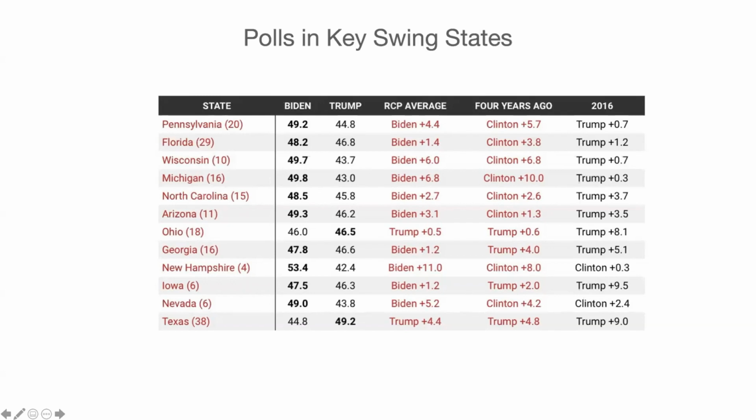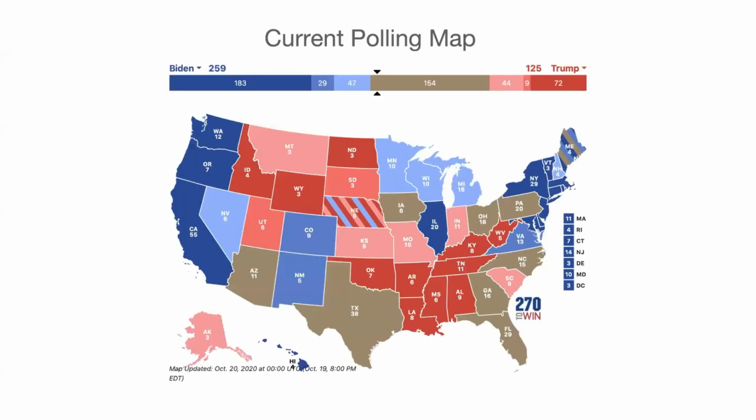And Trump won it, as you can see, by 0.7 points in 2016, and this kind of turned around the expectations, along with many other crucial states such as Wisconsin and Michigan. Basically, these were the states that he turned and that allowed him to jump ahead of Hillary Clinton. So on the next slide, I'm going to show the current polling map. There are more swing states here.